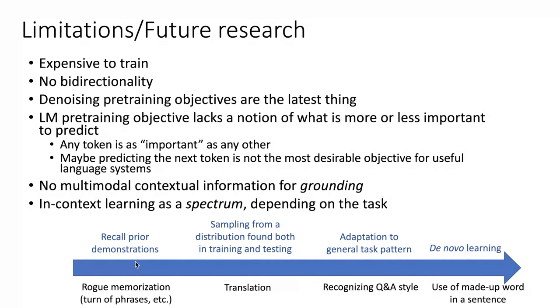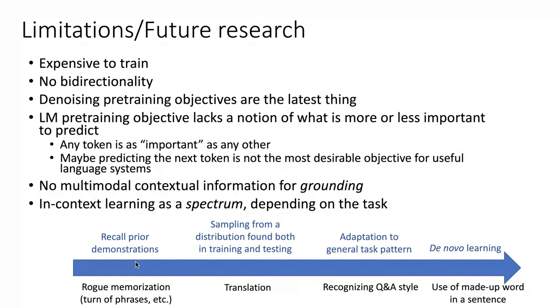You can see that when it generates text: sometimes it uses an expression that is just memorized because it's seen that expression in the text it was trained on. At the other end is de novo learning. But you have intermediary steps where, instead of rote memorization, you can see it as sampling from a distribution that is found both in training and testing.